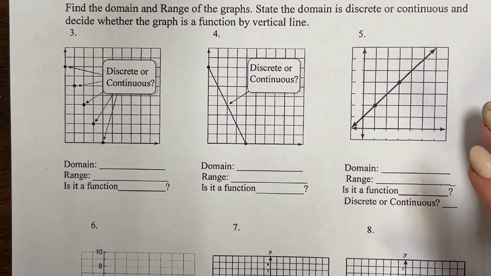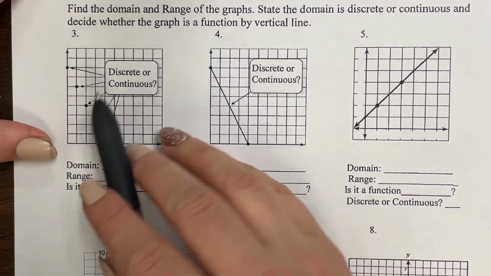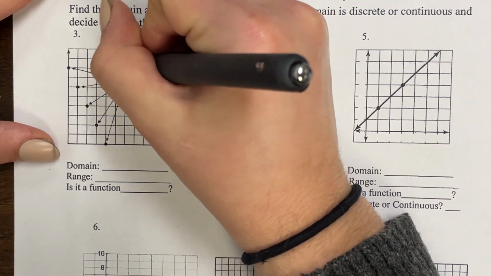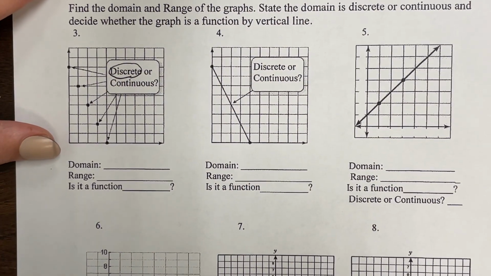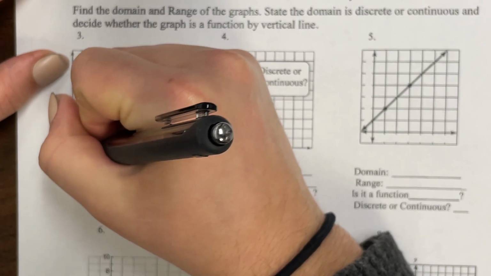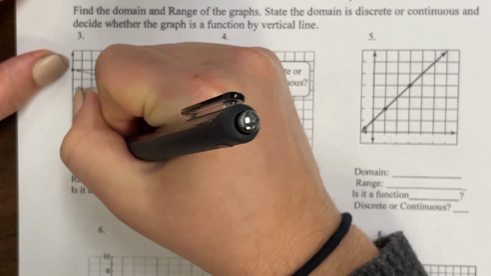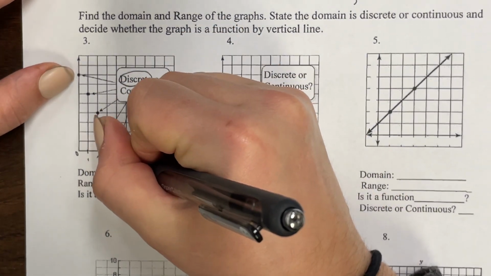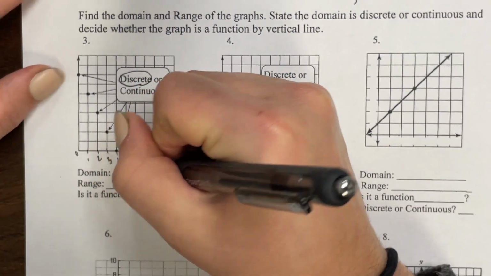All right, number 3, discrete or continuous. This is not one continuous line, so it is discrete. Okay, the domain here, we're just going to list out kind of the coordinates here. I'm just going to label so I can easily decide. So domain, it looks like it is 0.